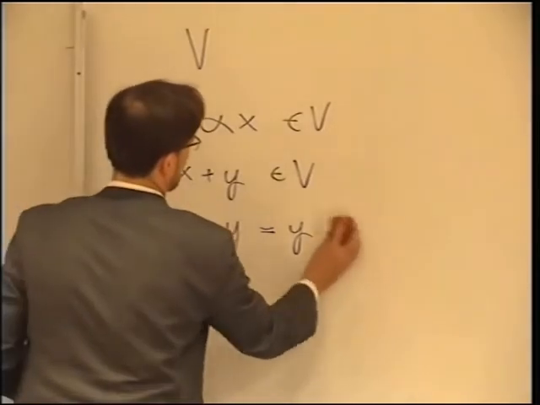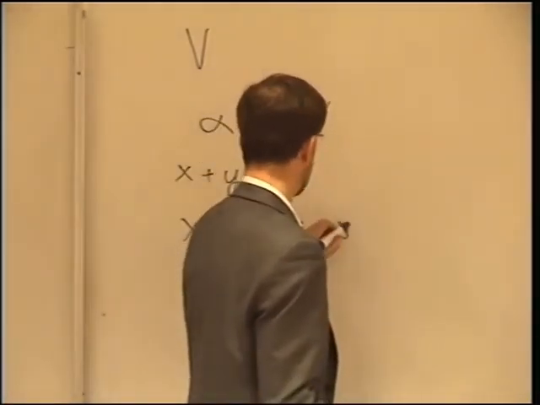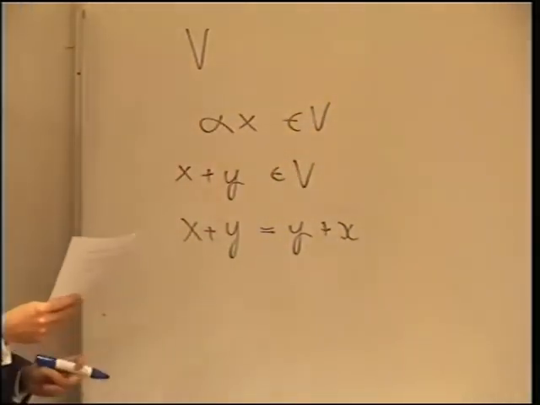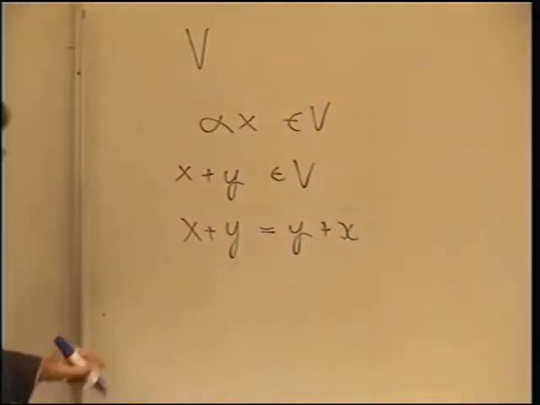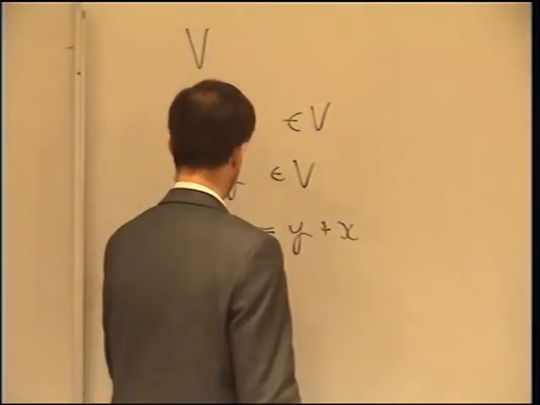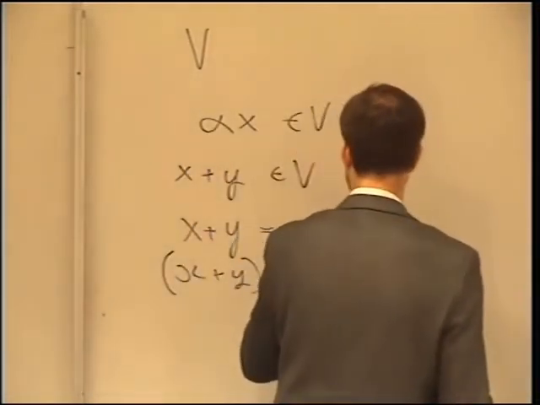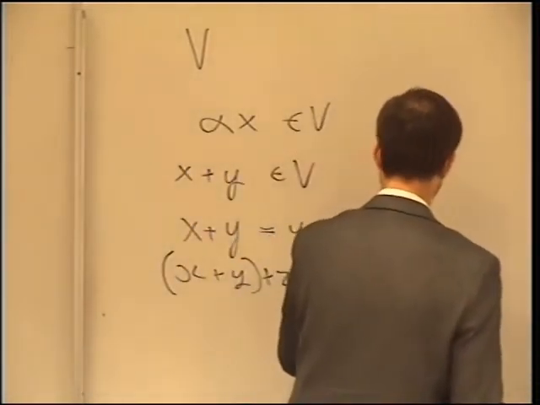Let's try that again. x plus y is equal to y plus x. I need associativity of addition, which means it doesn't matter what order I do the additions in. So x plus y plus z gives me the same answer as if I do the y plus z addition first.